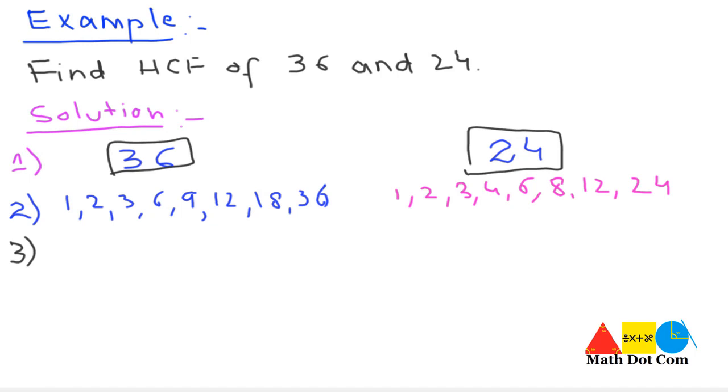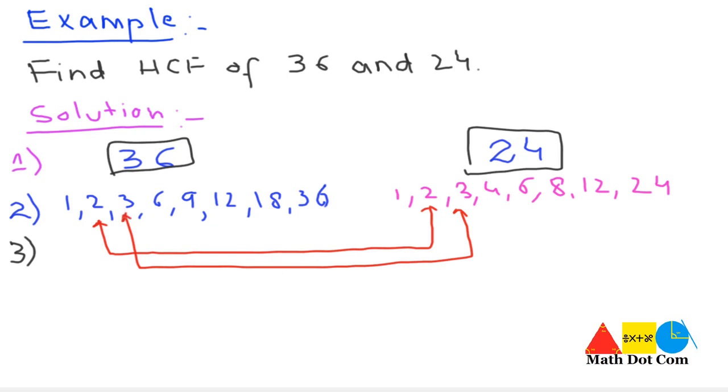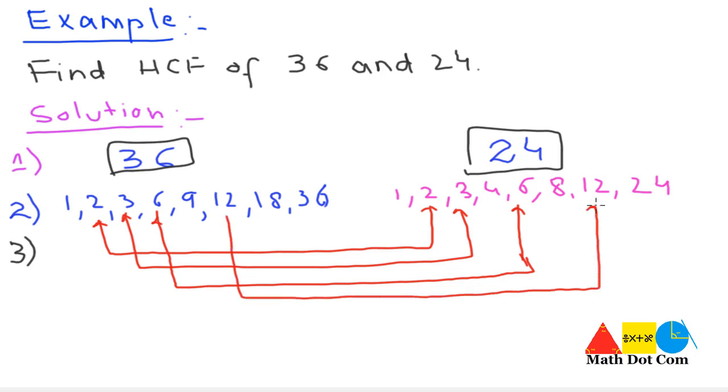So the common factors are 2, which is common in both of them, then 3, then 6, and then 12, which is common in both of them, and that's it. So this was the third condition that is required to find the HCF.